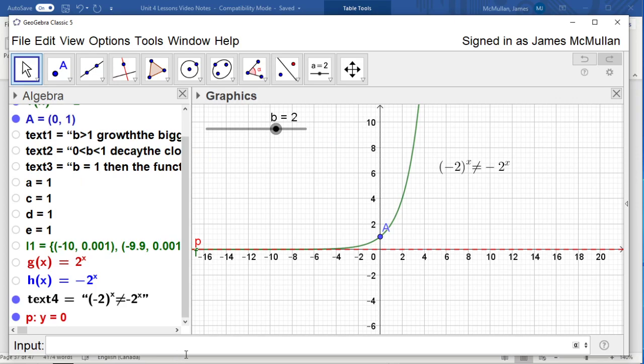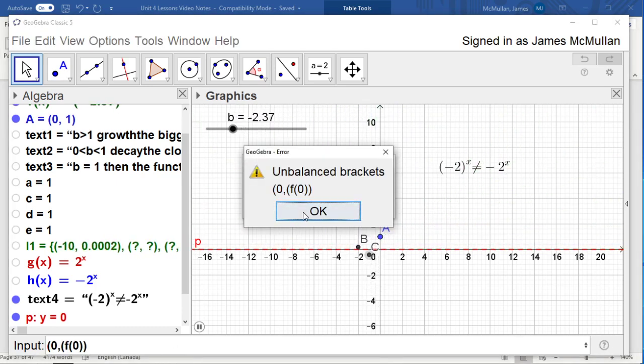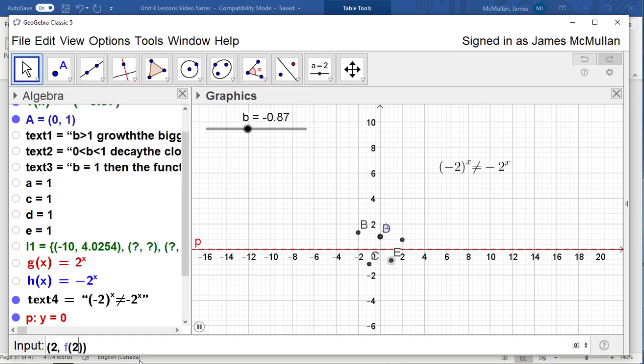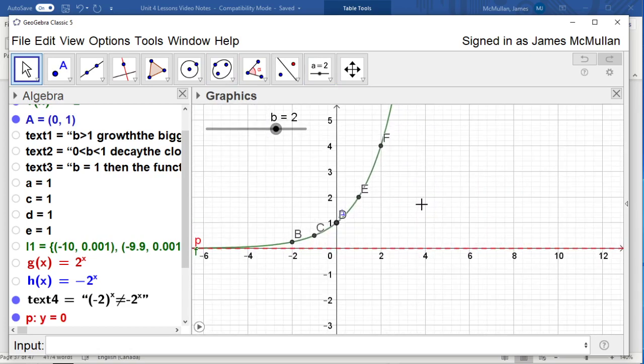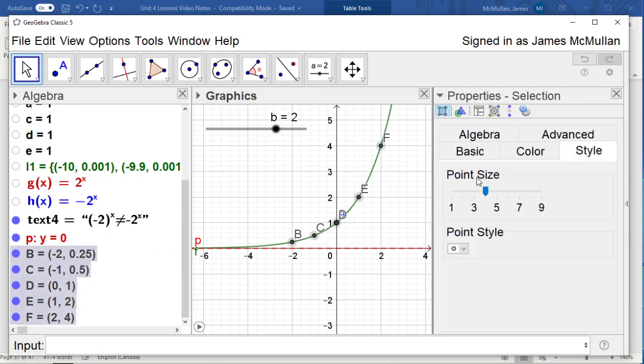The points I mentioned would be -2, f of -2, -1, f of -1, 0, f of 0, 1, f of 1, and 2, f of 2. Okay, so those are the 5 points it asked you to draw. The 5 points are the ones that we said it should have.